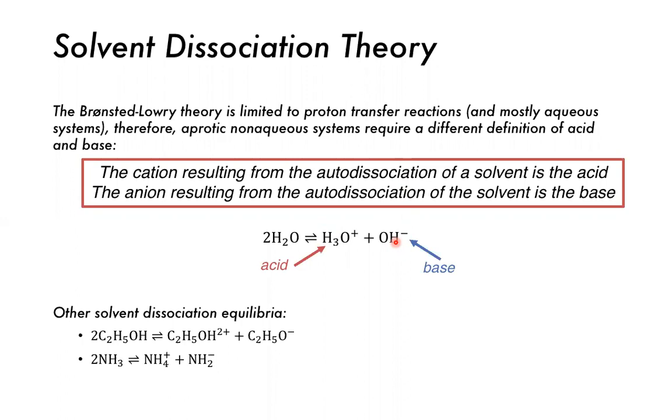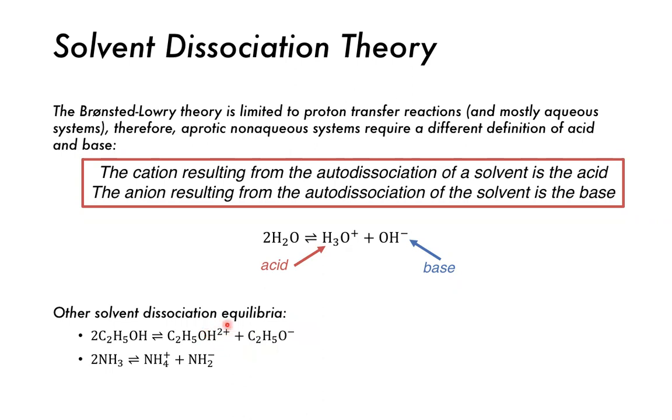Other solvent dissociation equilibria. So we have here, not acetic acid, sorry, ethanol. Ethanol can auto-dissociate to give the cation and the anion.